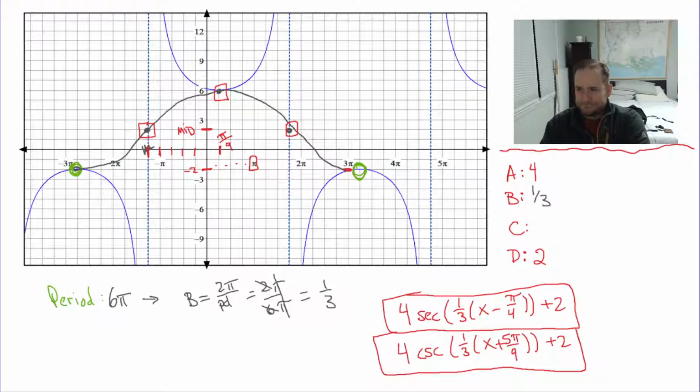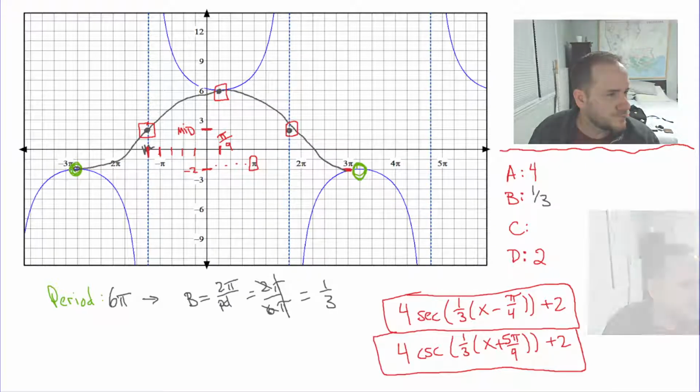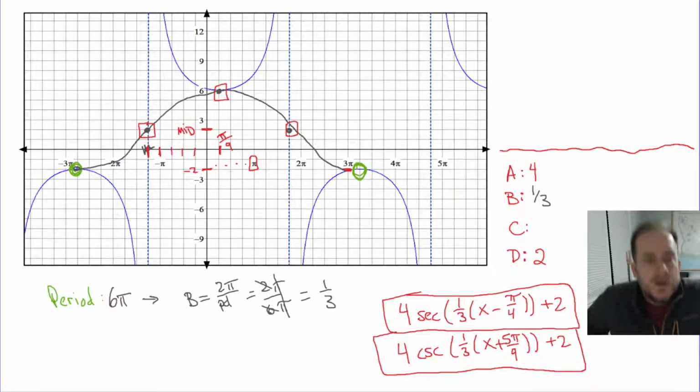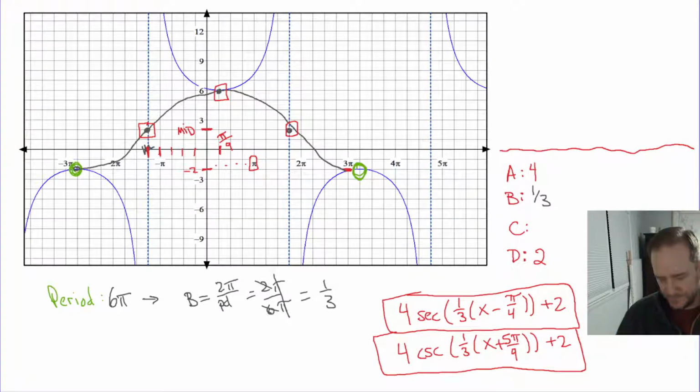Can we do domain and range quickly? Sure we can. So domain, I hope you're catching on by now.